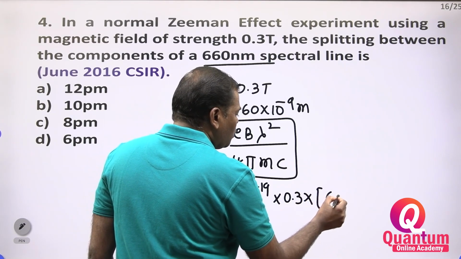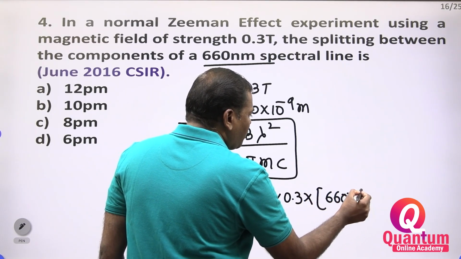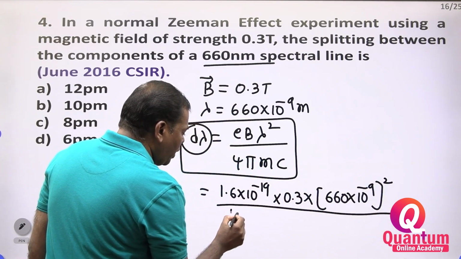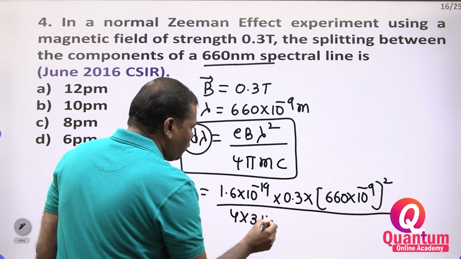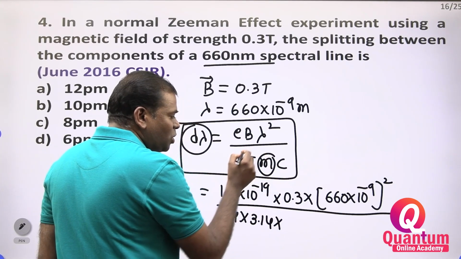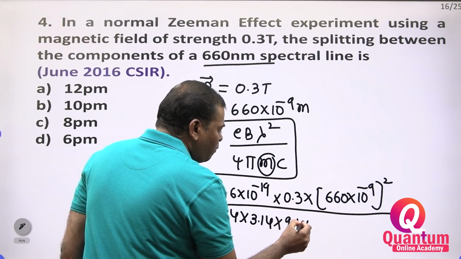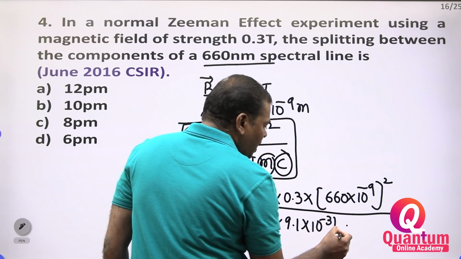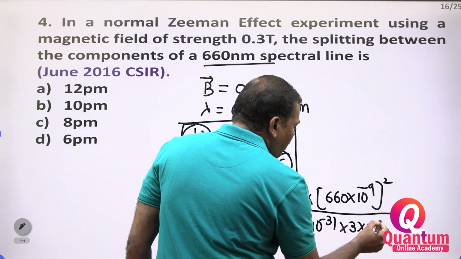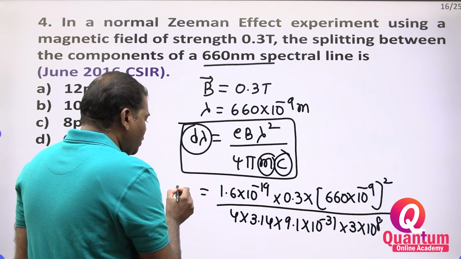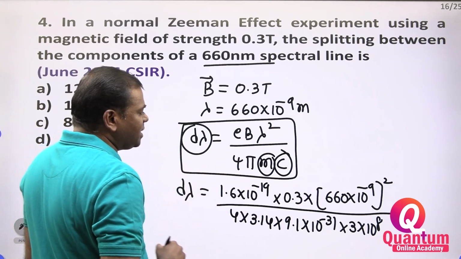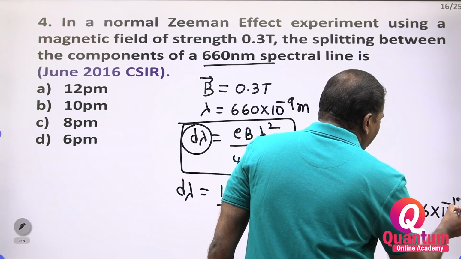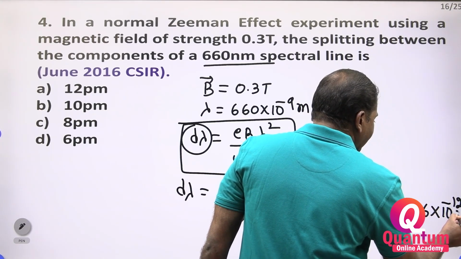Lambda is 660 into 10 to the power of minus 9, whole square, divided by 4 into pi, meaning 3.14. m is the electron mass, 9.1 into 10 to the power of minus 31 kg. c is the light velocity, 3 into 10 to the power of 8 meter per second. You calculate this and you get 6 into 10 to the power of minus 12 meters.